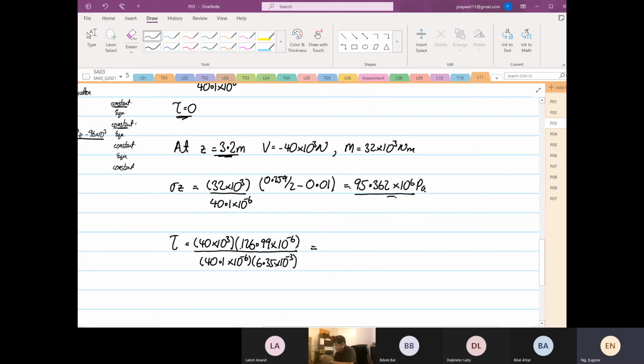So this will be 40 times 10 to the power 3 times 126.99 times 10 to the power minus 6, divided by 40.1 times 10 to the power minus 6, divided by 6.35 times 10 to the power minus 3. So it's 19.949.